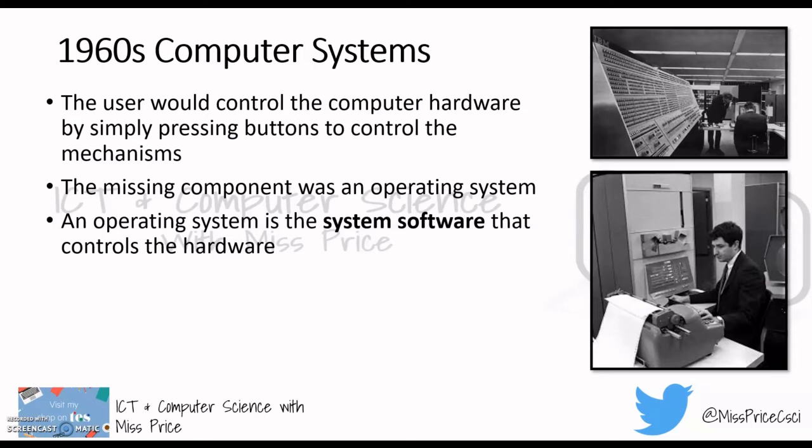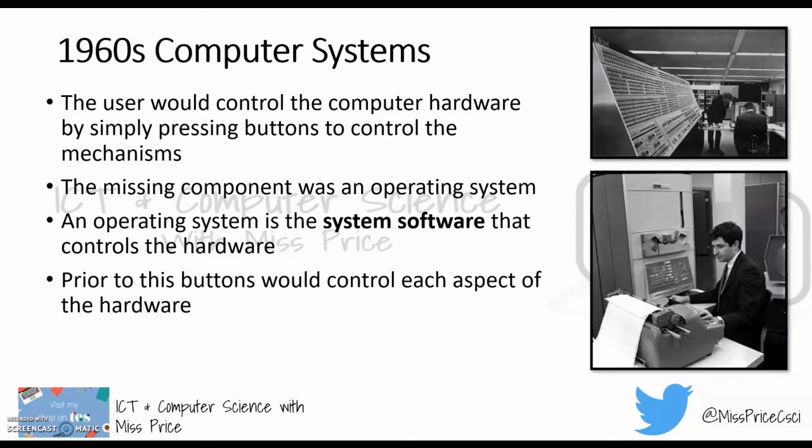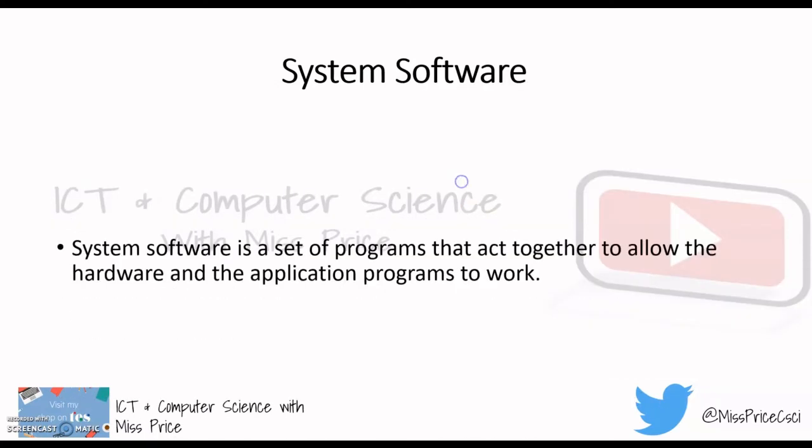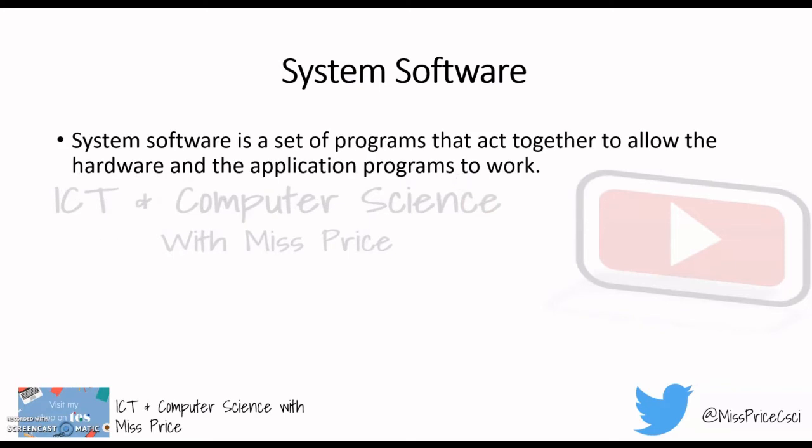The user would control the computer system, but now we've got system software that controls our hardware for us. Prior to this, buttons would control each aspect of the hardware. Now that's simply not the case. So what is system software? System software is basically a set of programs that act together to allow the hardware and the application programs to work.